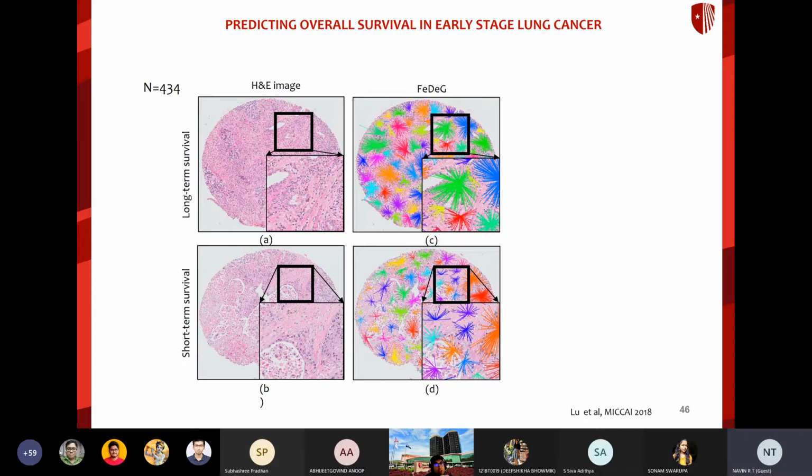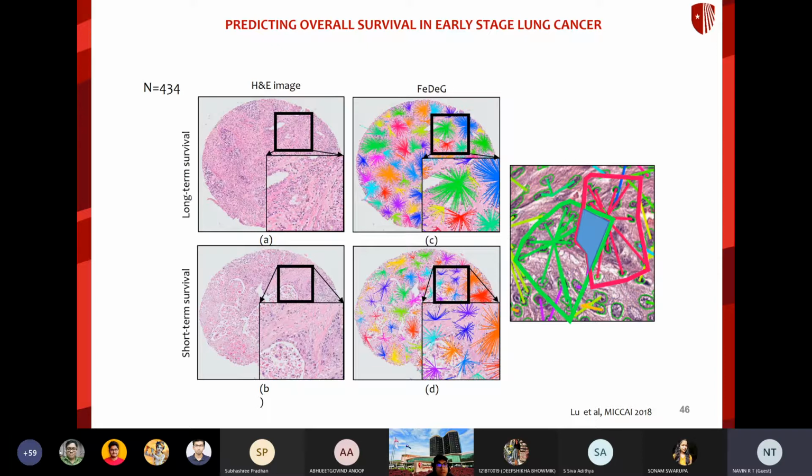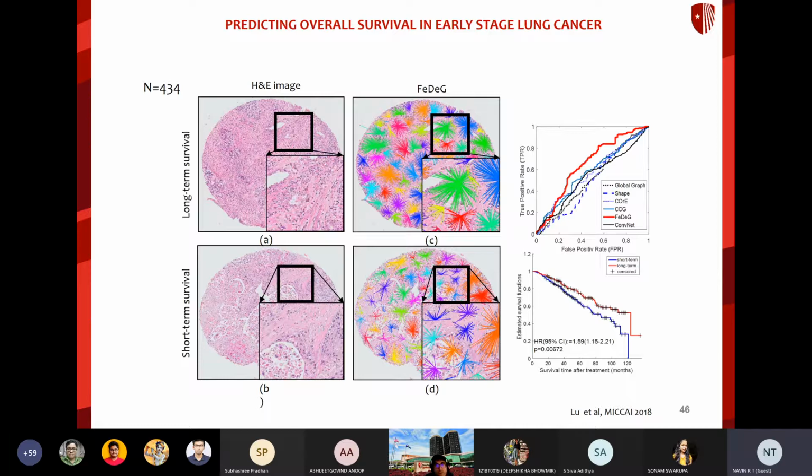And then we looked at measures such as the area of the convex hull and the intersection between the areas of the different groups that we had identified. And we found that using these handcrafted features, we could prognosticate the survival in lung cancer patients. In fact, our handcrafted features were found to be much better than some of the standard deep learning features here.